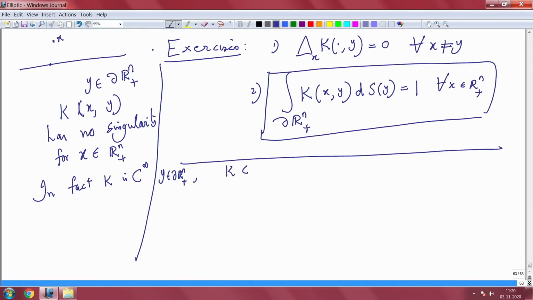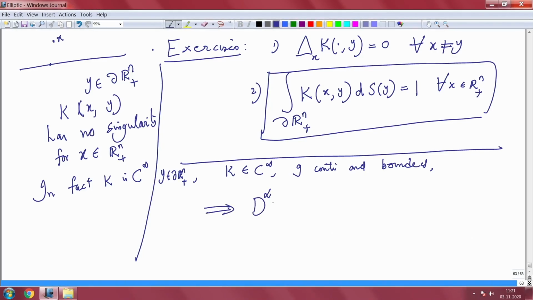K is C infinity, and assuming g is continuous and bounded, you can actually show that u is differentiable. So, these things together tell you that you can take differentiation inside.